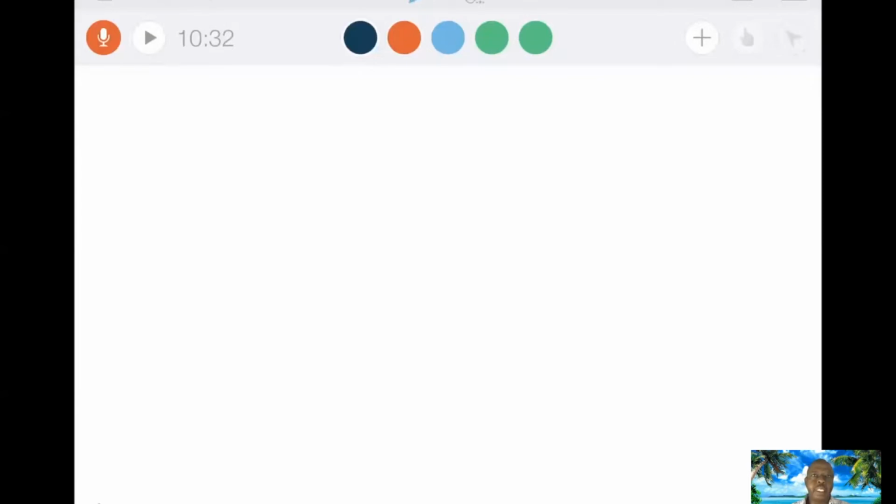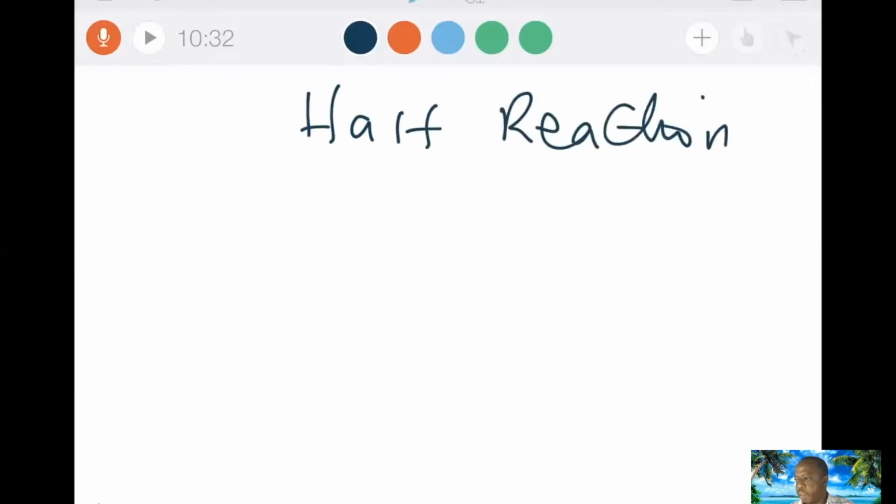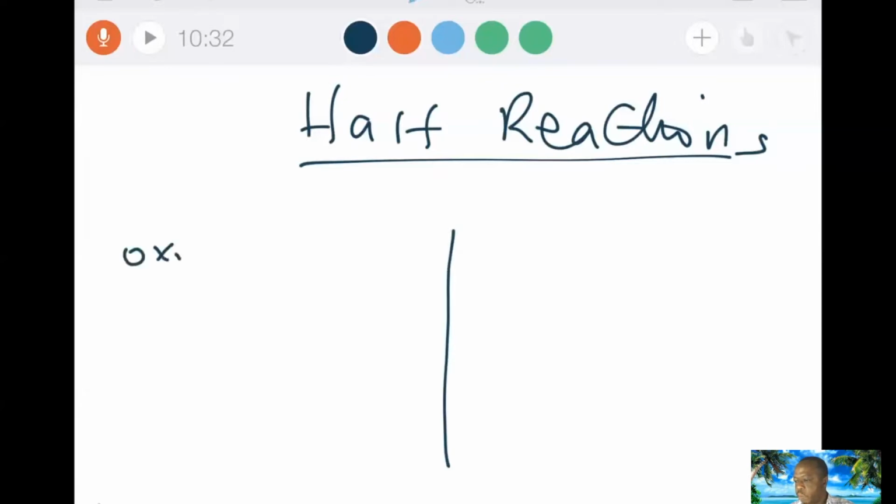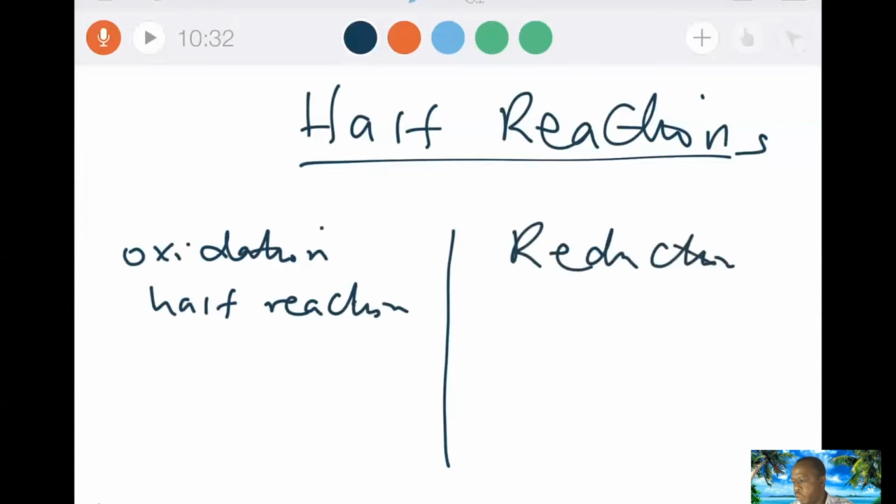We can split this type of reaction into what we call half reactions. You read in the background in the lab manual, there is oxidation and then there is reduction, each a half reaction.